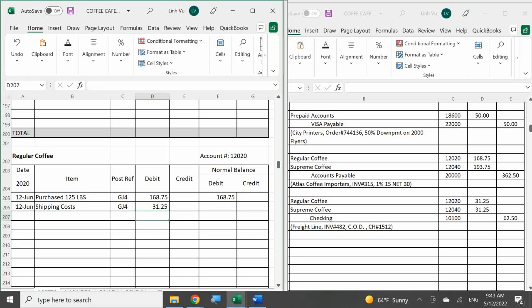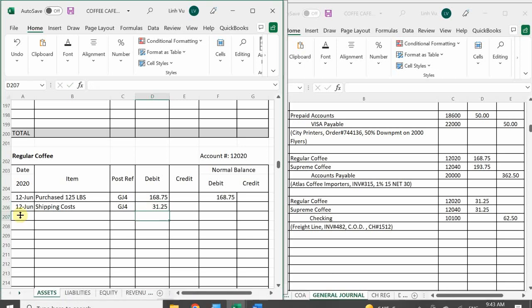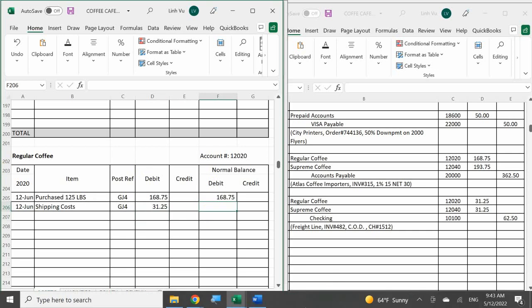So in this case, we're adding to our inventory. Now, this is going to be a different formula, because for inventory we are increasing our inventory. We're adding the shipping to it, so it's going to increase the value of my inventory.